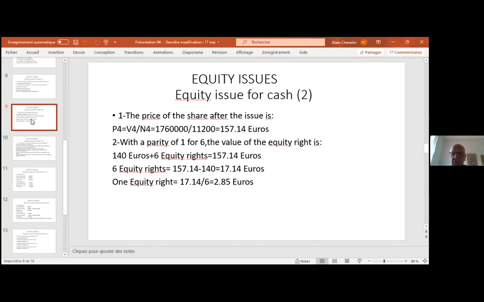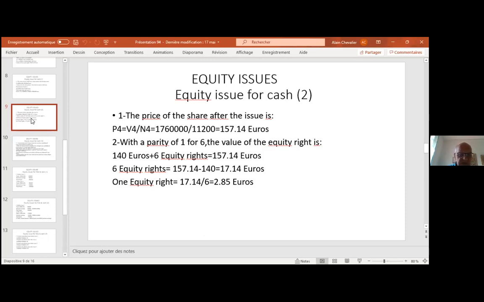If all the conditions and information available to the market and the shareholders are the same, we make the assumption that the value of the equity right and the new share is equal to the value of the old share in terms of market value. So, what is the price of a share after the issue?